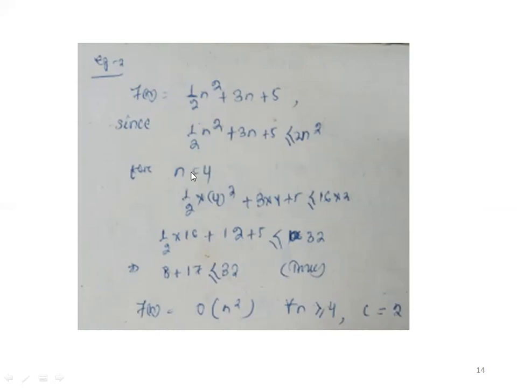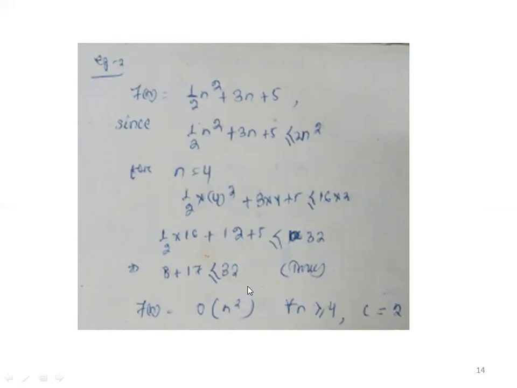And if you put n equal to 4, then this is satisfied. So in this case, we can say that the n0 value is 4 and the c value is 2. So we can write that f(n) = O(n²) for all n greater than or equal to 4 and c equal to 2.